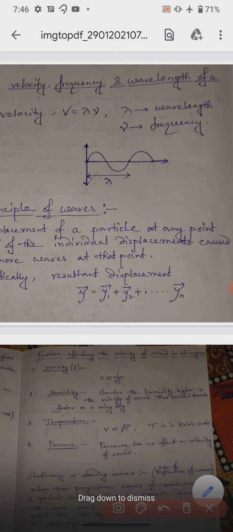But if you start from this point, at which point will you get one wavelength? At this point. That means wherever the wave completes one cycle, there we get a wavelength. From this point, this is a semicircle, half of a cycle, and this is another half, so it is completing a full cycle at this point. So this is also lambda.